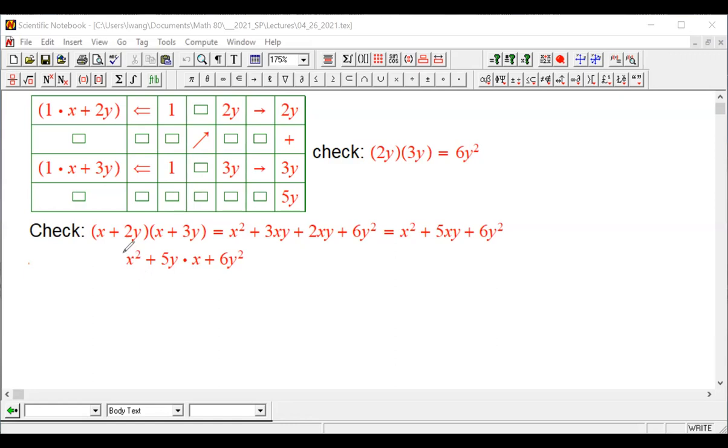The coefficient of x squared is 1 times 1. 6y squared is the same as 2y times 3y. Cross multiplication, hold on, your arrow: 1 times 2y and 1 times 3y. So we're getting 2y, 3y. When we add these up, we get 5y.